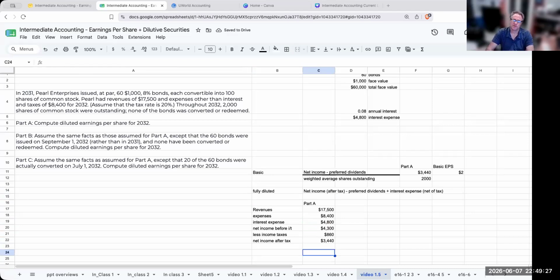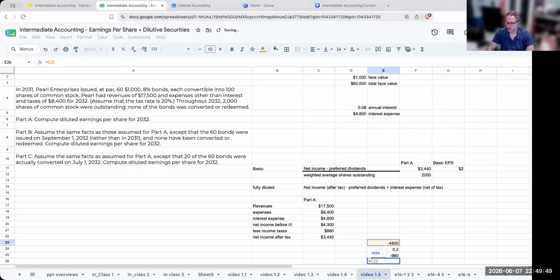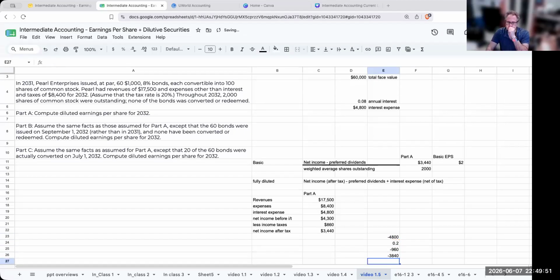I got to add back the interest expense, but less that tax component. What does that really mean? Well, if I'm getting a deduction for 4,800 pre-tax, with a 20% tax rate, the value of this deduction is really going to be 960.